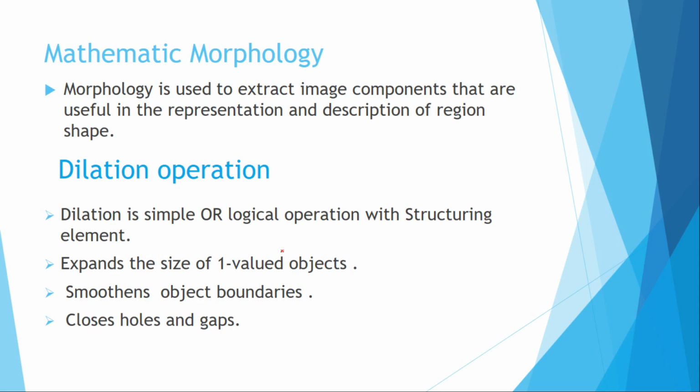Since we are working on binary images, 1 is the object value and 0 is the background. Once dilation is applied, the image boundaries are smoothened, and any gaps present in the object are filled up. We will observe all this in the example and then go to conclusions.